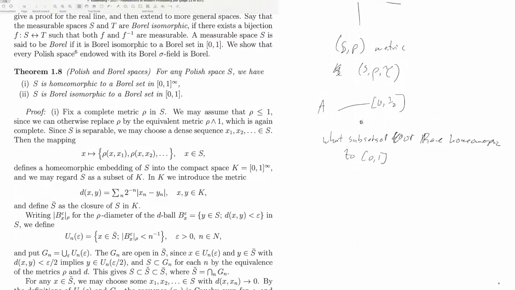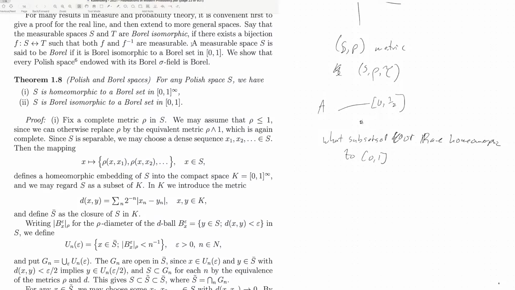Polish and Borel spaces. For any Polish space S, we have that S is homeomorphic to a Borel set. A measurable space S is said to be Borel if it is isomorphic to a Borel set in 0, 1. Okay, that makes sense.